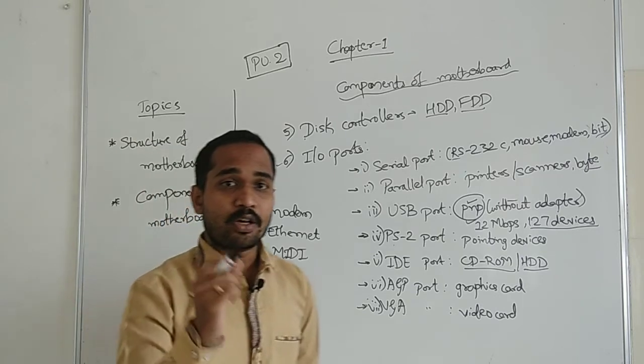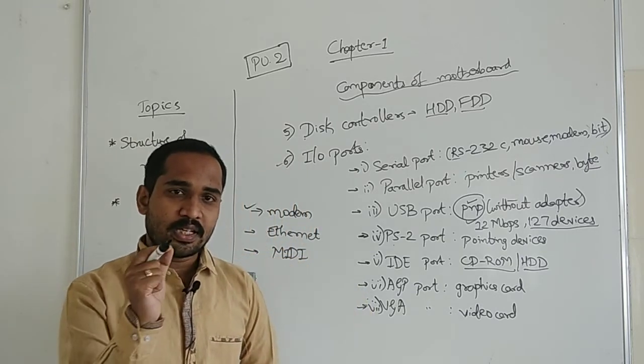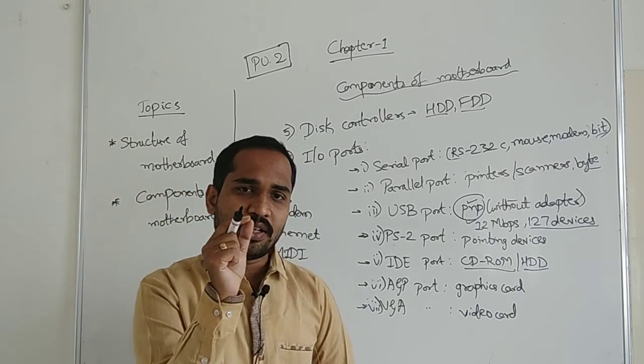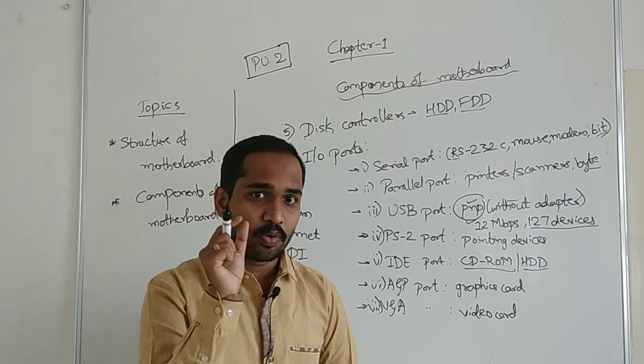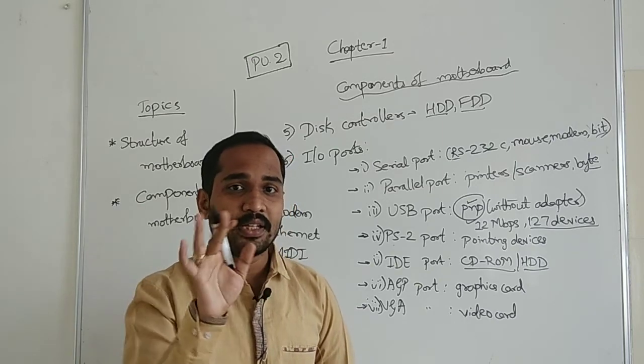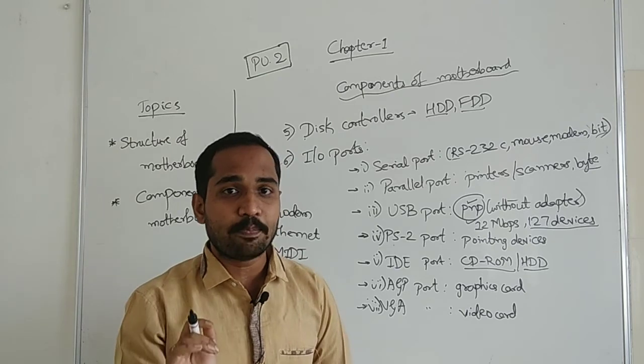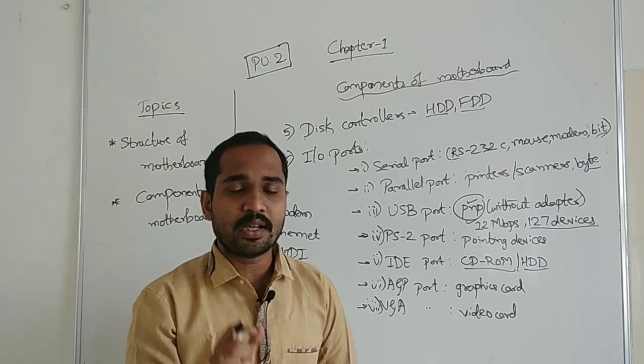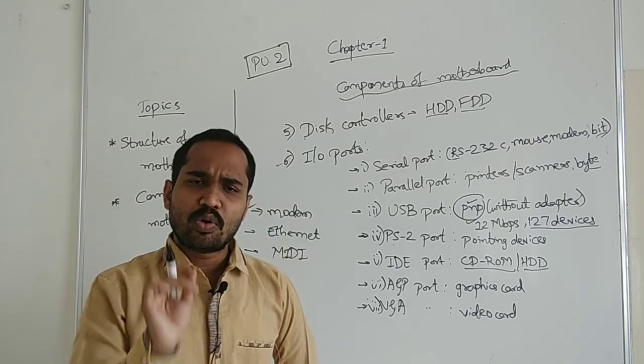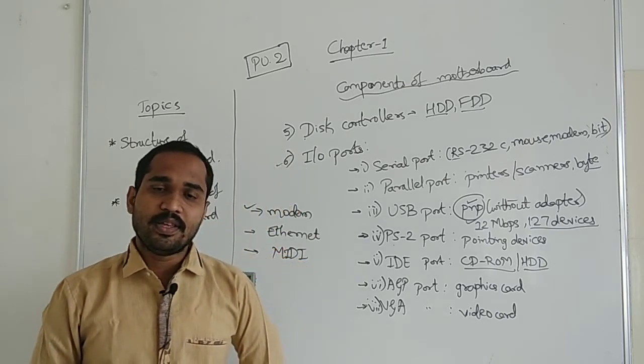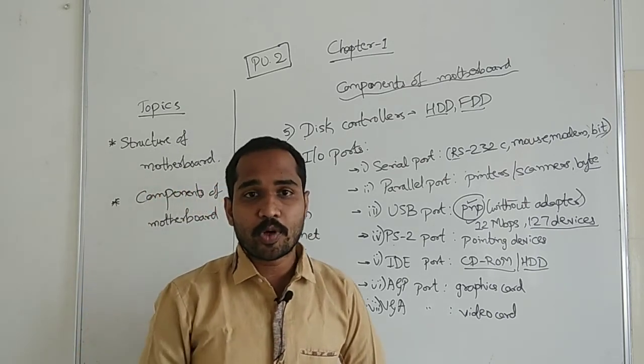And the 8th one, modem. Modem has got a port, isn't it? There is a different kind of port, a different dimension is there only to connect the modem. Any other device cannot be connected to that opening, isn't it? So that is modem port. What is the full form of modem?